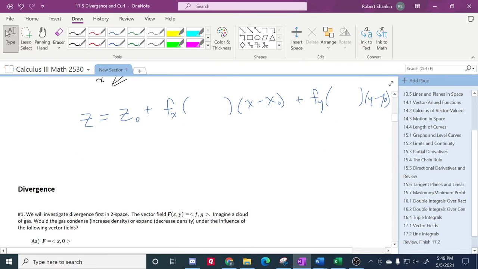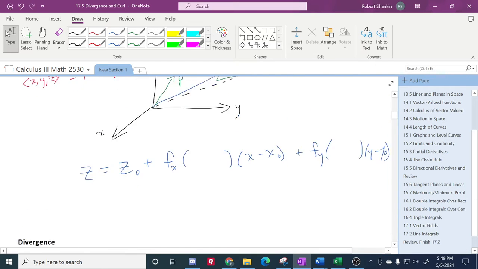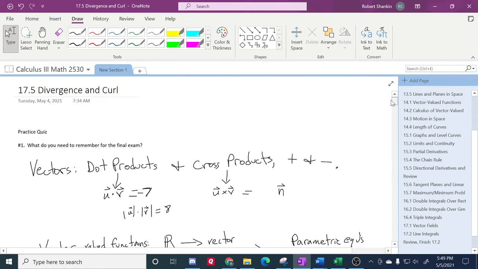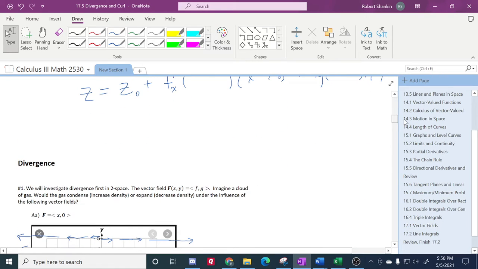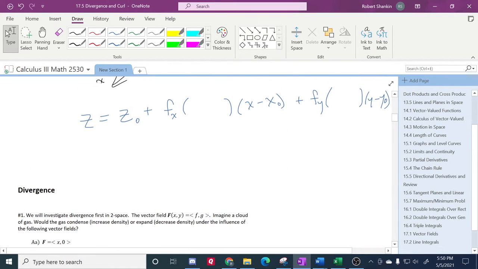All right, so let's go to today's topic, which is divergence. The title is Divergence and Curl, and it's unfortunate that this got saved to the last day because it's really cool stuff. All right, the divergence.